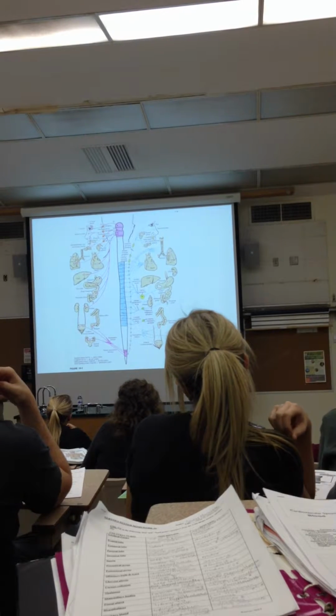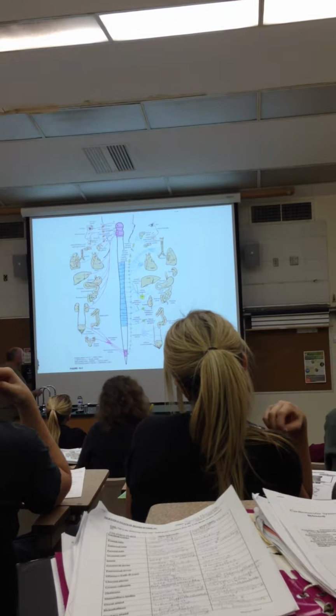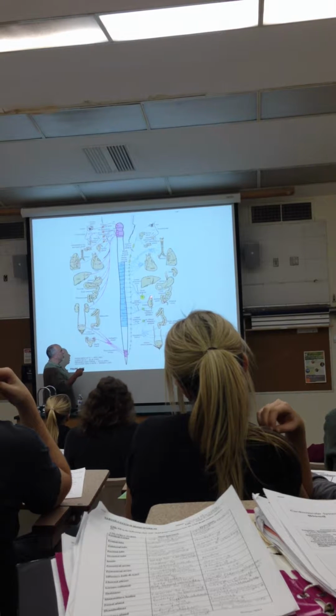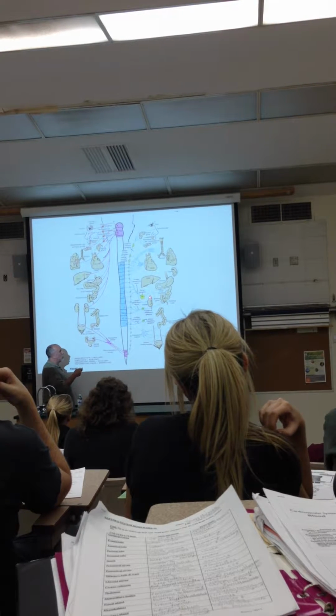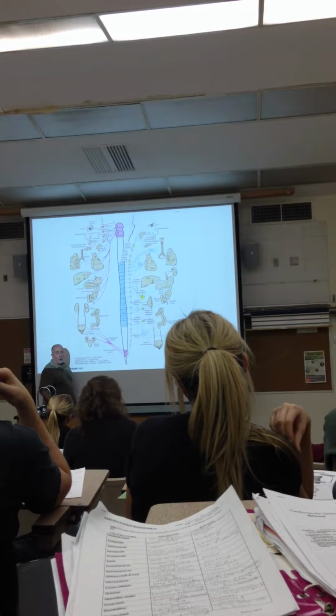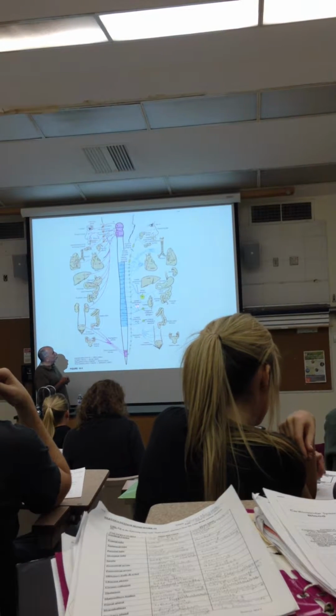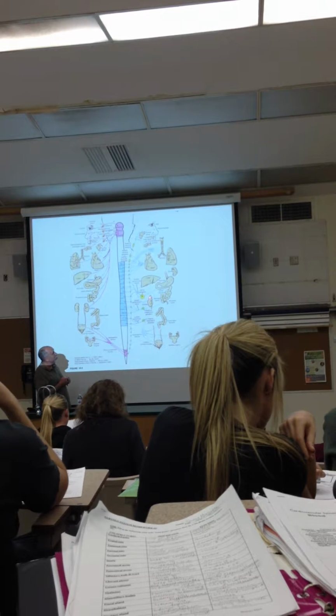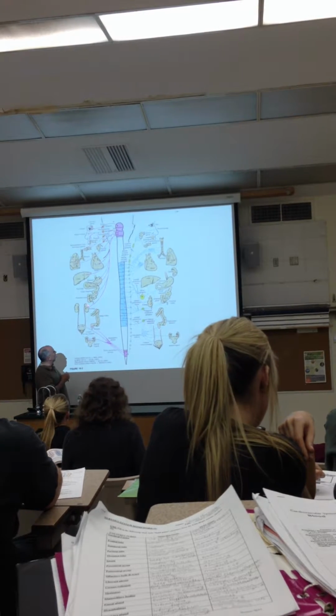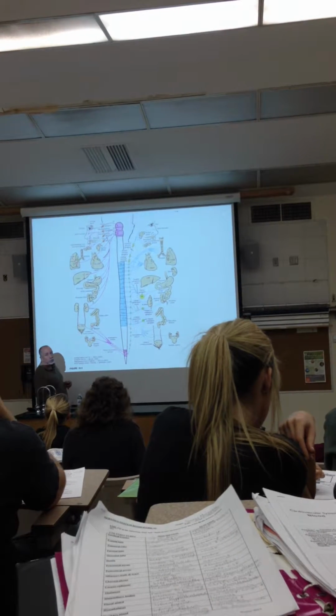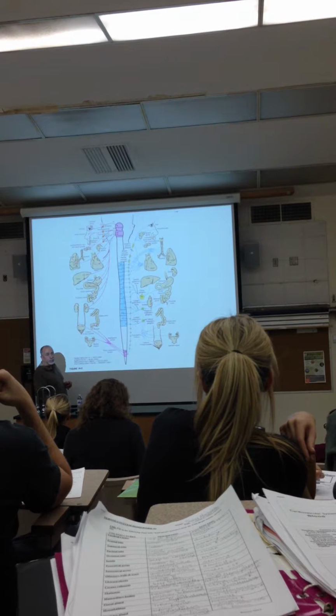There are some other ones, but the one I want you to know is this little thing sitting on top of the kidney. The adrenal gland, or in your book suprarenal gland. This is a certain part of the adrenal gland, the inside, the adrenal medulla. Notice it doesn't have parasympathetic input. It just has sympathetic input.